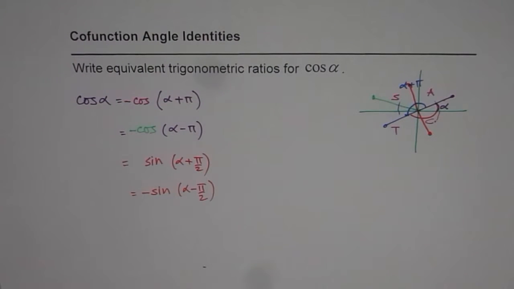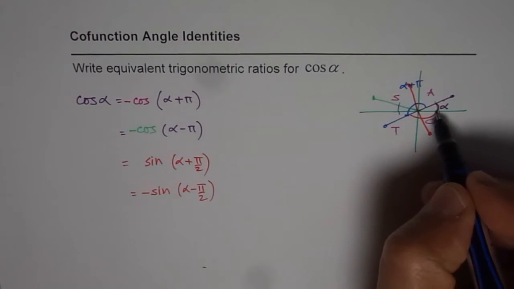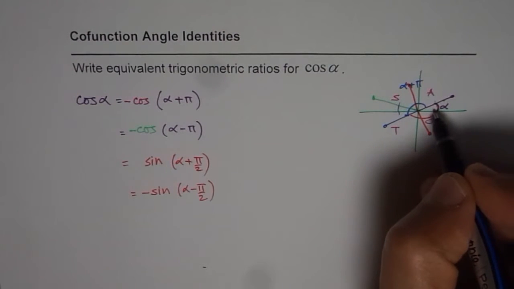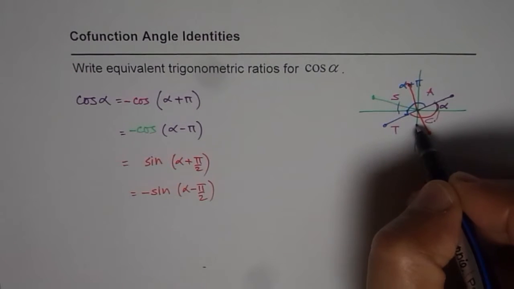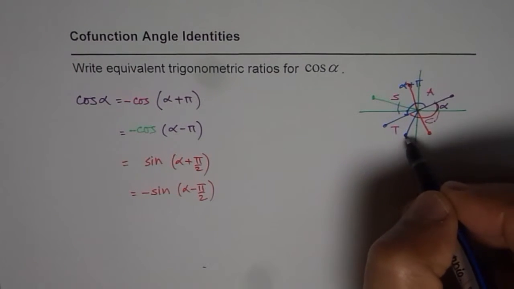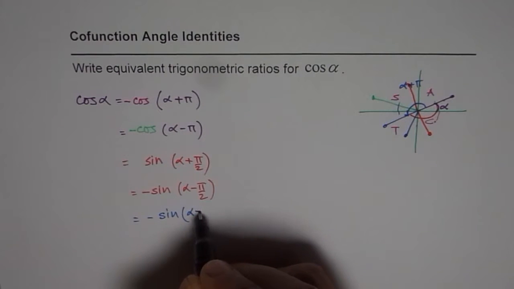Now let me take more examples, and let's take one where we do alpha plus 3 pi by 2, right? If you see here, 1 pi by 2, 2 pi by 2, 3 pi by 2, so we are in this position kind of, right? So here sine is negative, and then we'll have sine with negative sign, alpha plus 3 pi by 2.